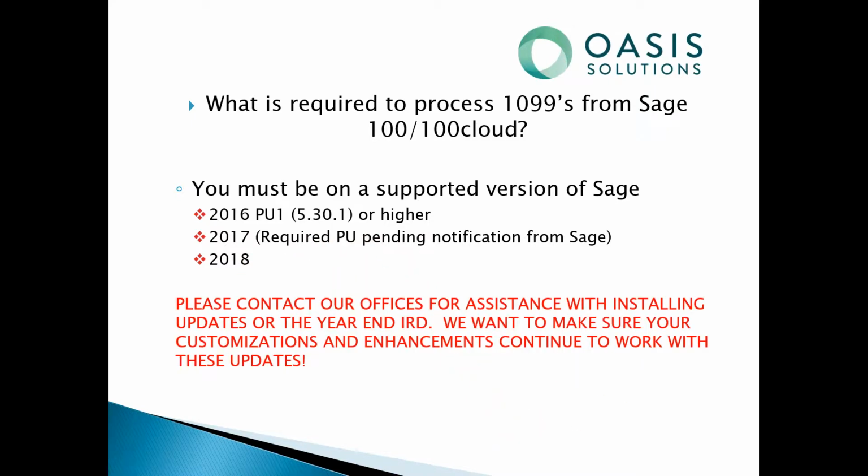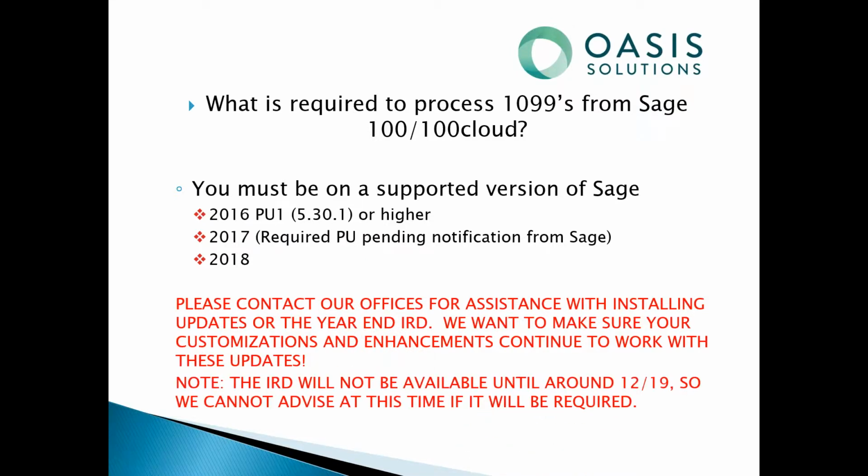So there may or may not be changes to the 1099 form as far as receiving an interim release download from Sage. We have been told by Sage that download will be available around the 19th of December. It would include any applicable changes related to 1099s and or W-2s. So once we have that information, we will make it available to our clients, and especially those of you that have already contacted us about scheduling year-end assistance.